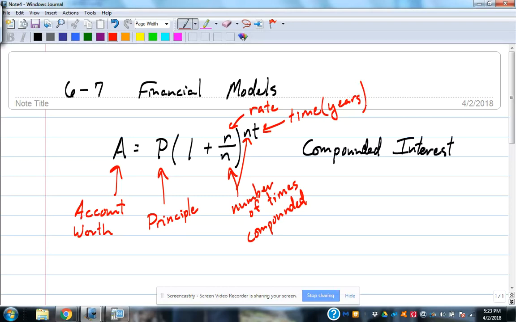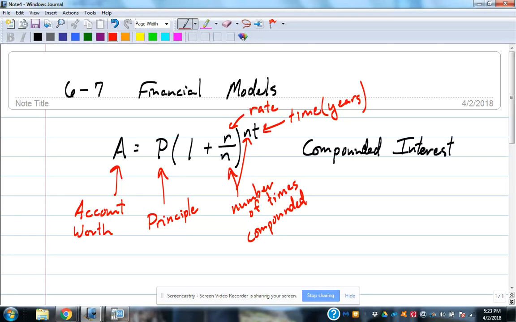So if they said for 6 months, you're going to say 0.5 years. So N is the number of times. If they say quarterly, how many times is that a year? 4 times a year. If they say semi-annually, 2 times a year. So daily, 365. All right, we got it.